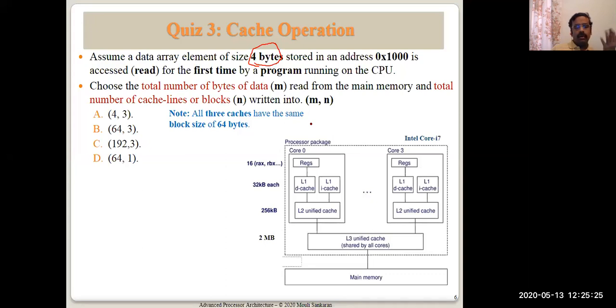So you can now lock on to one of these. But how do you see whether this is correct or this is correct? I told you, if the CPU has to access it, it should take it from the nearest cache only. It cannot take it directly from here. So whatever has been read by this cache, it should come here and then it should land here also. So I am sure now you know what is the right answer.